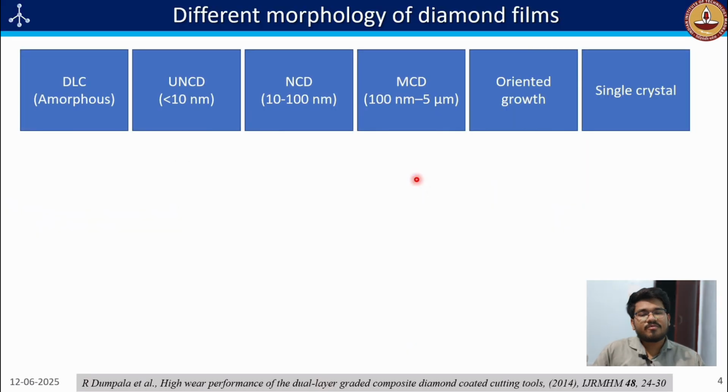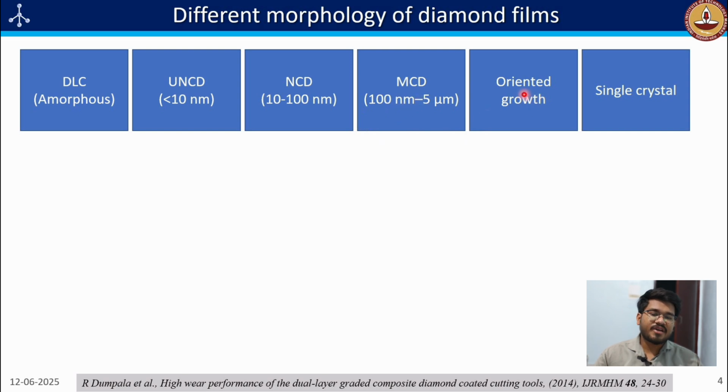So different morphologies of diamond, if we talk about, we have diamond-like carbon, we have ultrananocrystalline diamond where the grain size is on the order of 10 nanometer. We have nanocrystalline diamond, and these all are well advanced and well explored in the literature. We have microcrystalline diamond, 100 nanometer to 5 micrometer.